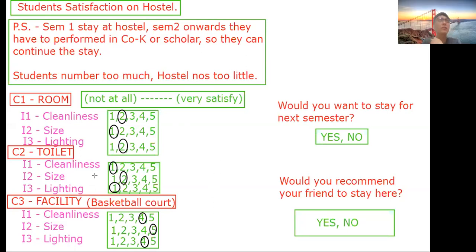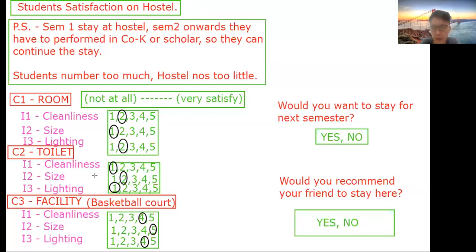Then these are the answers that I found. Can you tell me what we can conclude from here? Good one, Gabriel, thank you. How about others?